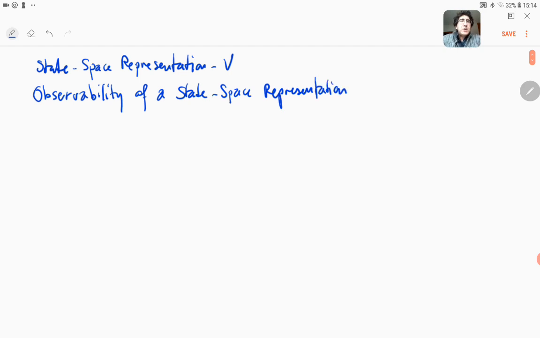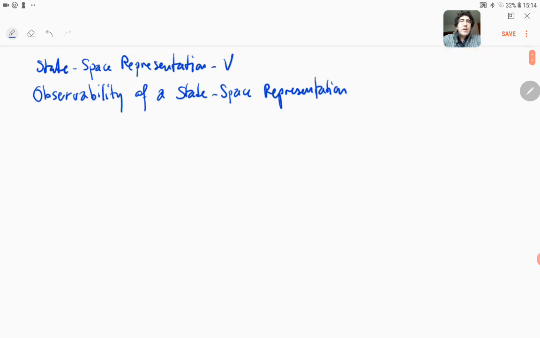If you remember, controllability was related with whether given enough time and suitable inputs, we are actually able to bring the system states from any given initial state to the origin. So it was related with whether we are able to affect the states by the input.